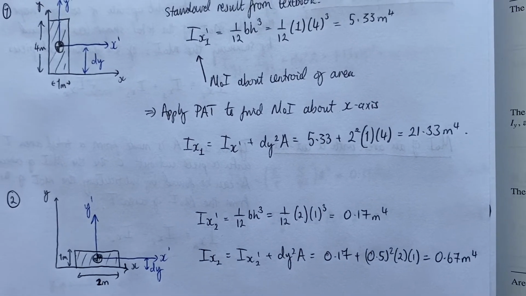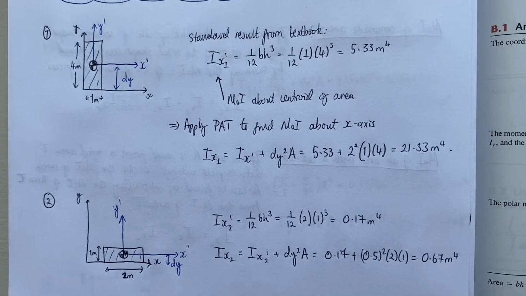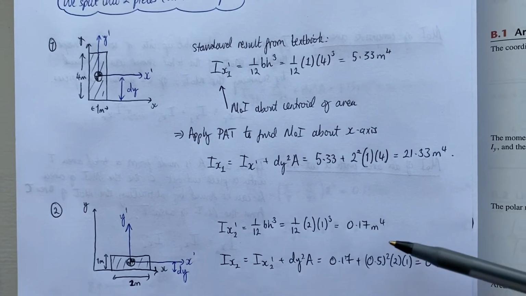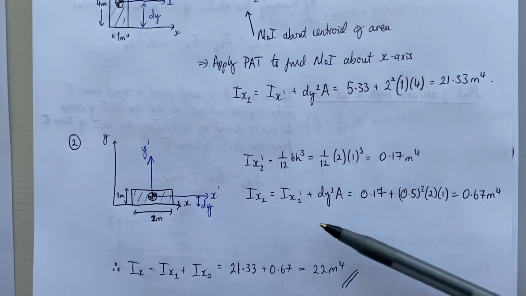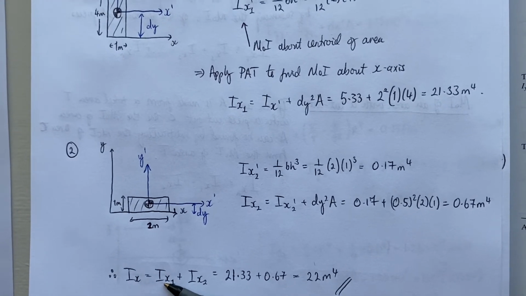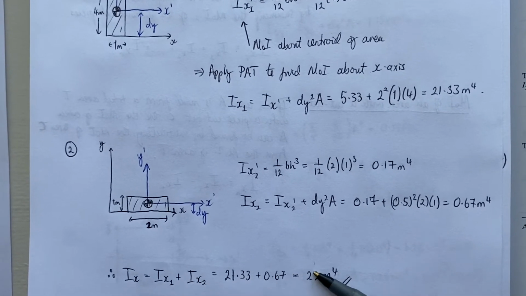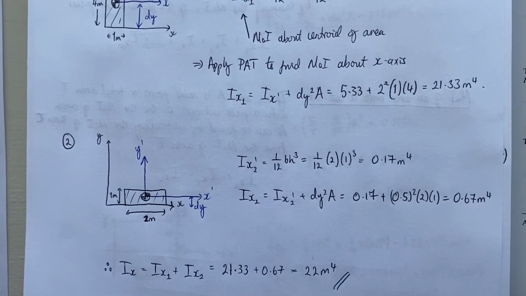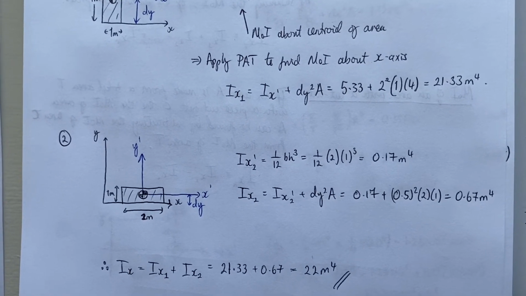And then to find the moment of inertia of the total shape about the x-axis, you'll remember that what I just did when I was discussing those extensions was just take the moments of inertia of each piece and add them together. So that should be fairly straightforward and intuitive.